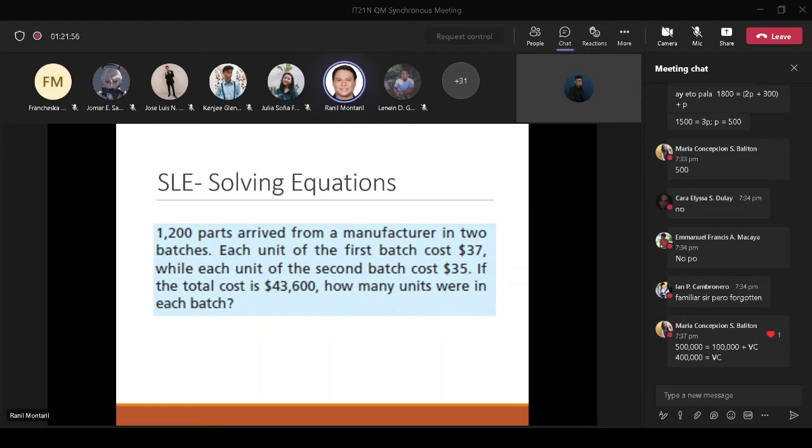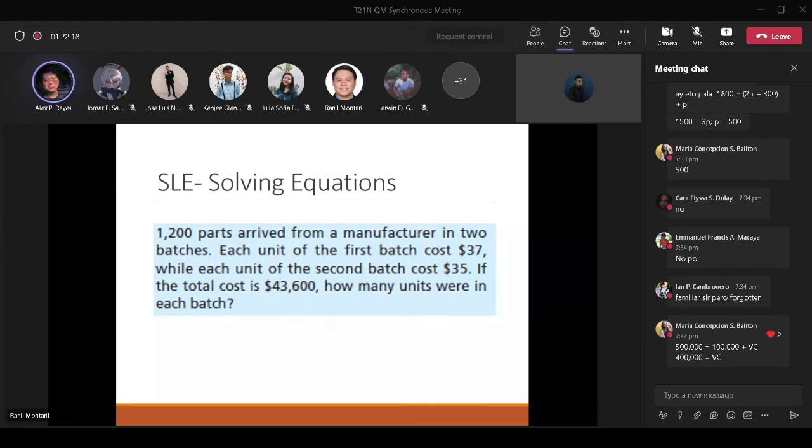So the next problem is can somebody read the problem? Okay, Alex, can you please read the problem? Hello sir, rinig po ako. Yes po. So ito po. 1,200 parts arrived from a manufacturer in two batches.